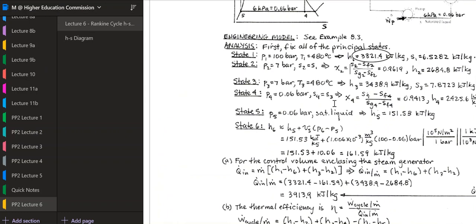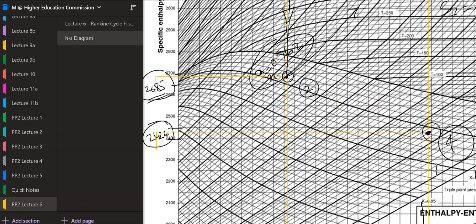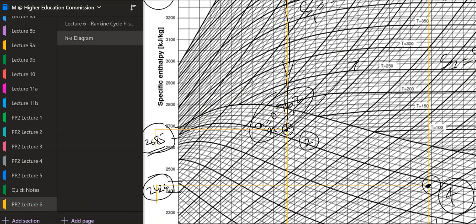At state 2 the value of x, which we do not need anyway, was 0.9619, and over here we found the value of x at 0.962, which is definitely equal.